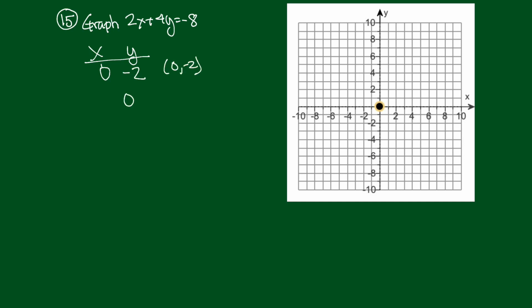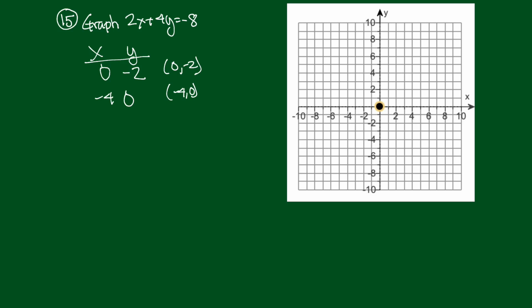Now, let y equal 0. If you let y equal 0, 4 times 0 is 0, that term goes out, and you're left with 2x equals -8. Divide by 2, which goes evenly into -8, -4 times. So you get -4. So now you have this point, -4 and 0. So let's plot those 2 points.